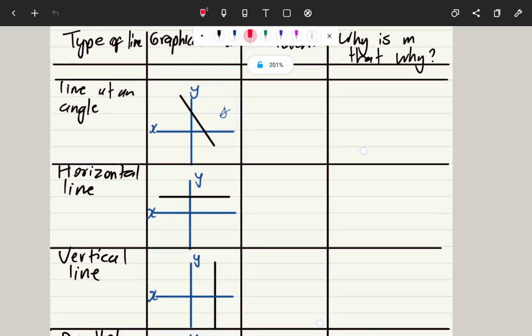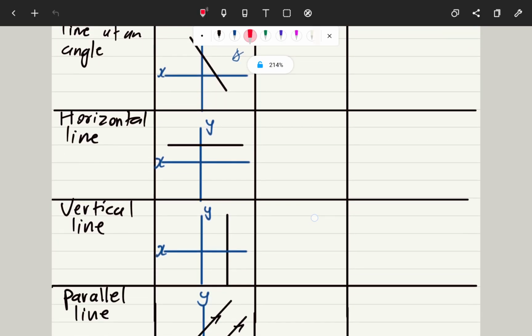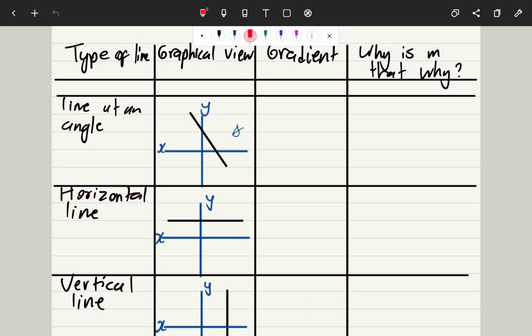I drew this table with different graphs, and we're going to talk about the gradient and possibly why the gradient is like that.